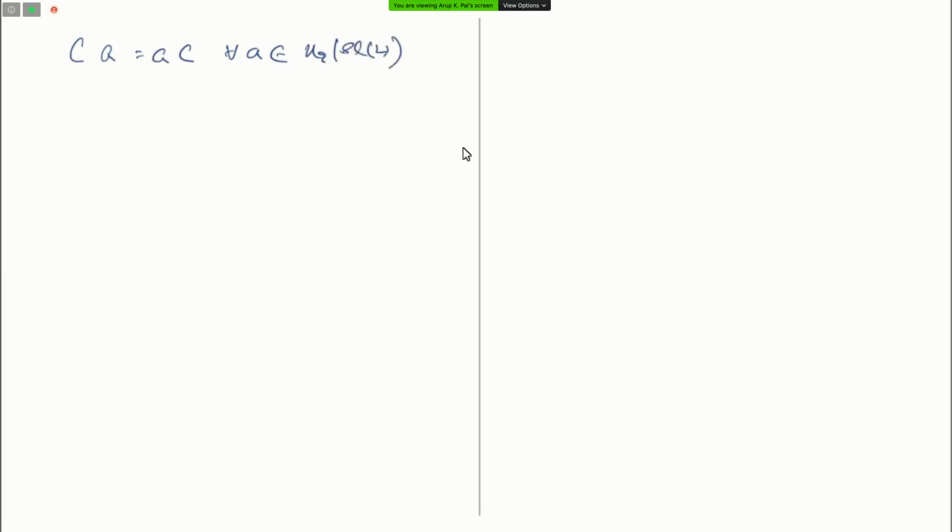So that means whenever you take a representation, you have this for all A. So if you take, for example, the kernel of this, that would be an invariant subspace for the representation.